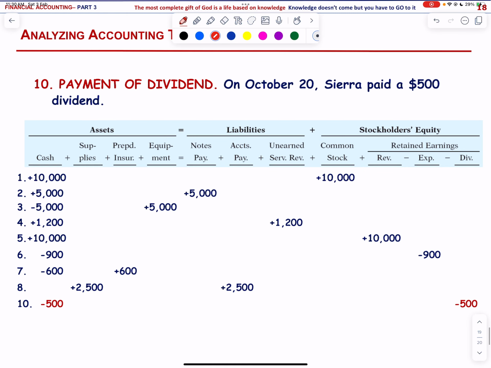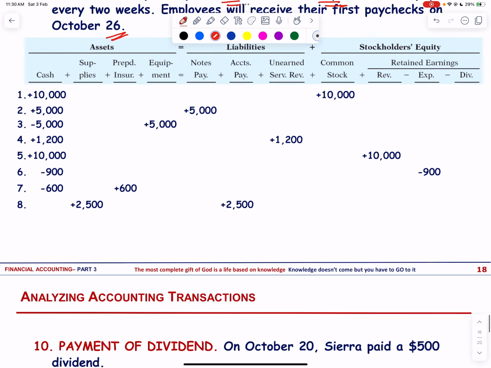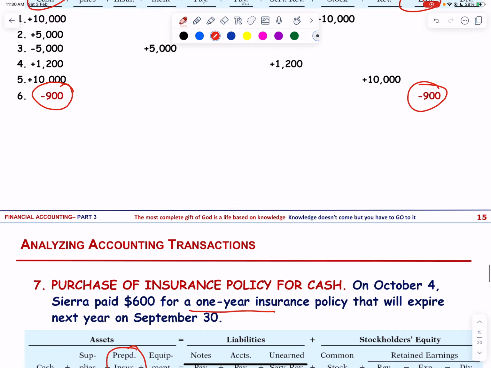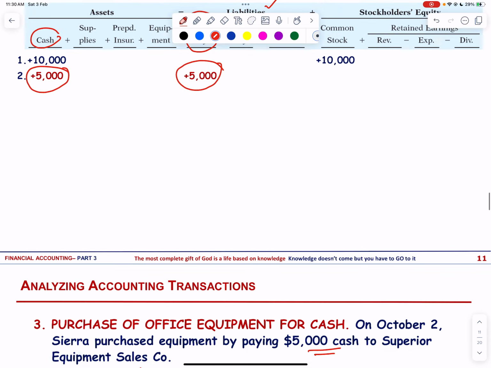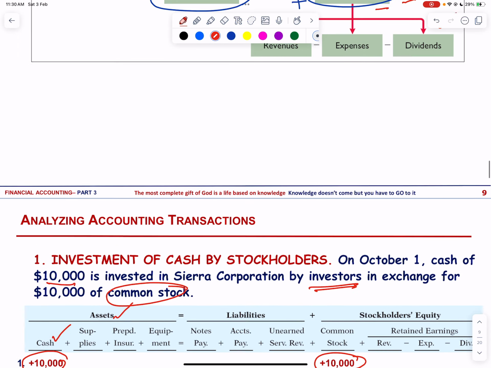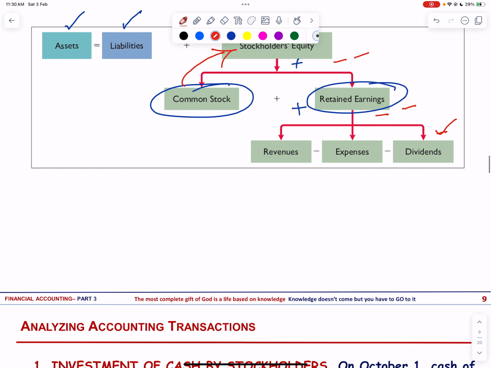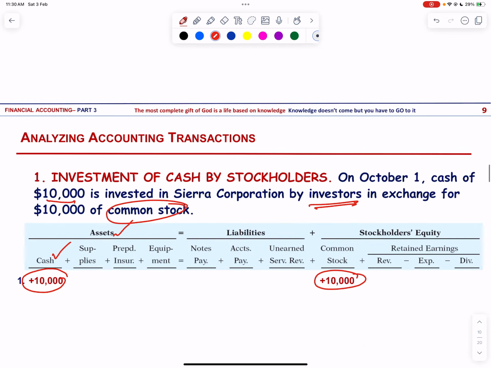Then we have payment of dividend. Remember, when it is dividend, dividend is with the stockholder equity, and if it is with the stockholder equity, dividend will always be with a minus sign. Expense will always be with a minus sign. Revenue will always be with a plus sign.